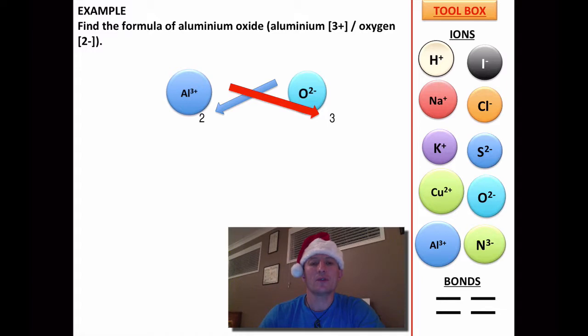So you pull down the 3 for aluminium and put it as a subscript next to the oxygen. You pull down the 2 from the oxygen and put it next to the aluminium. Now this is the clever bit. That is the formula. Al2O3. Neat, hey?